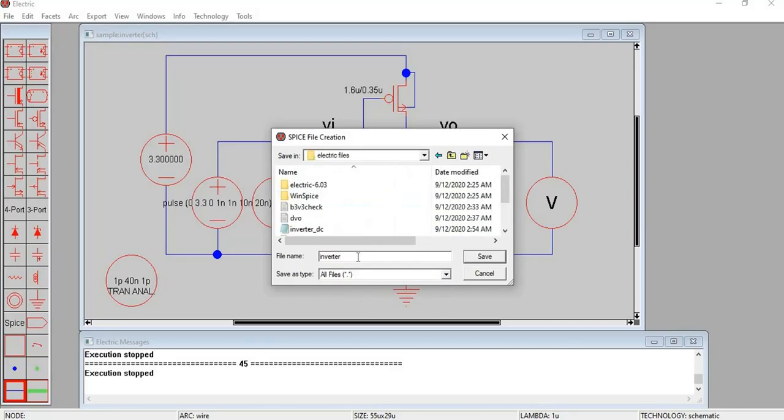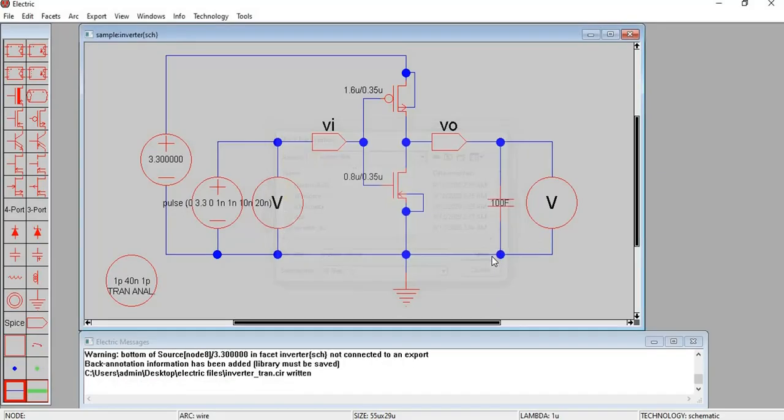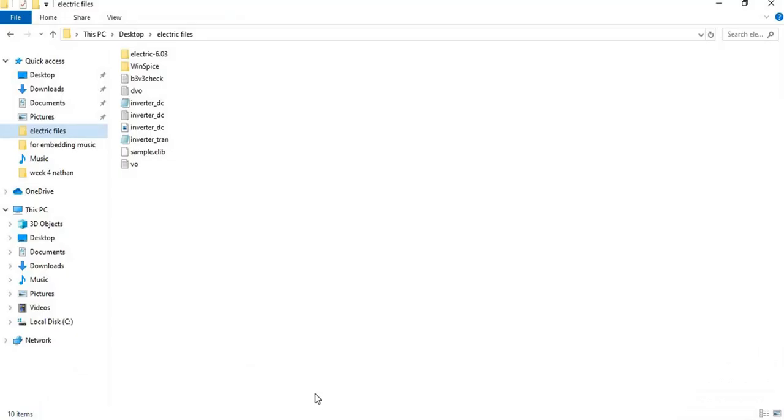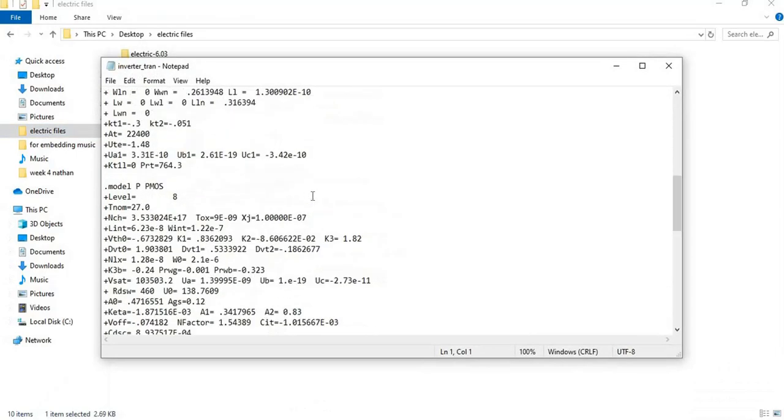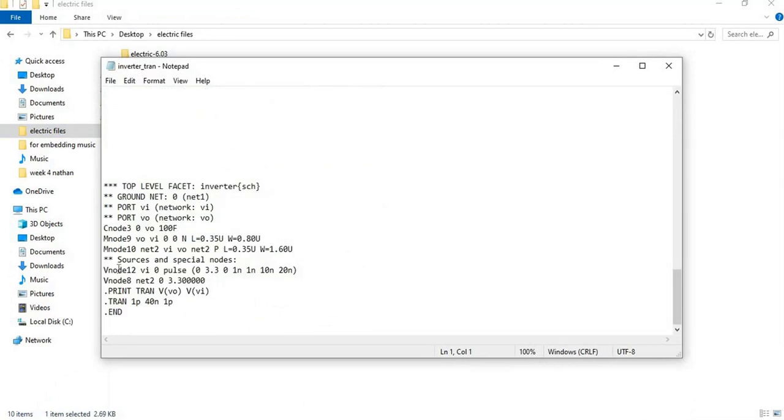Let us just name it inverter transient.cir. For the transient analysis, you no longer have to change anything on your netlist. You can see there's no special character on your netlist, so no need to change anything.